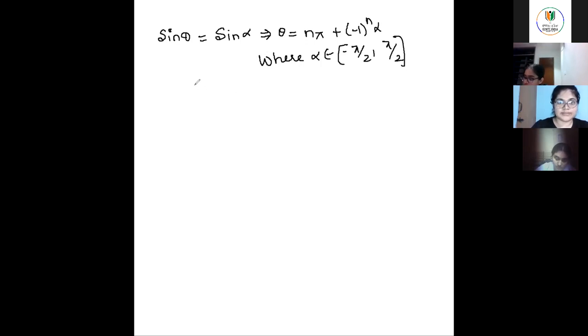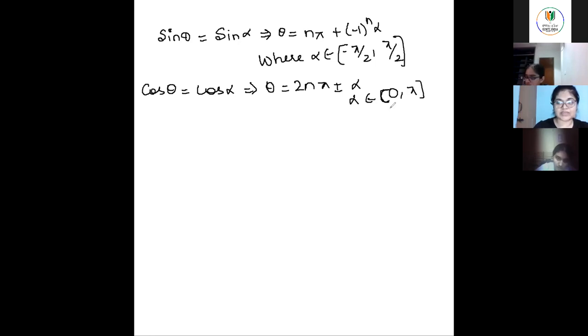Similarly, if cos theta is equal to cos alpha, then theta is equal to 2n pi plus minus alpha, where alpha has a range of 0 to pi.